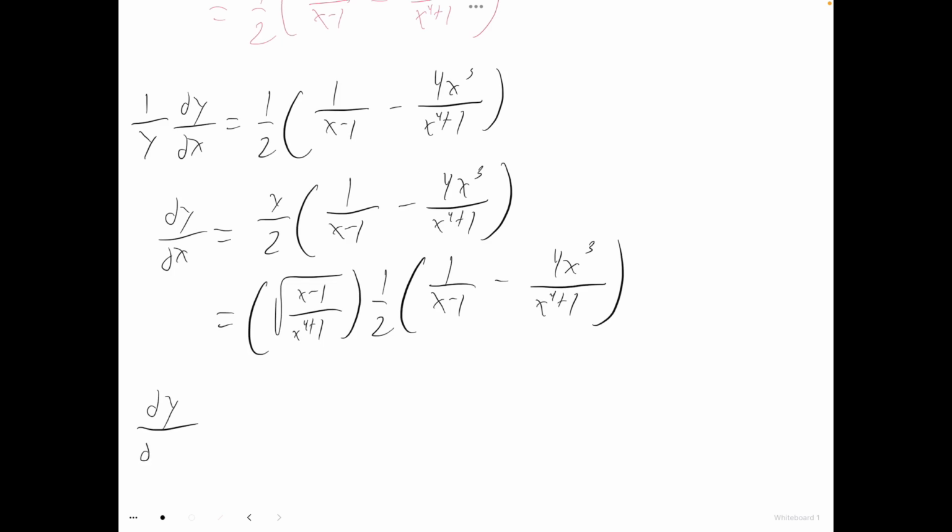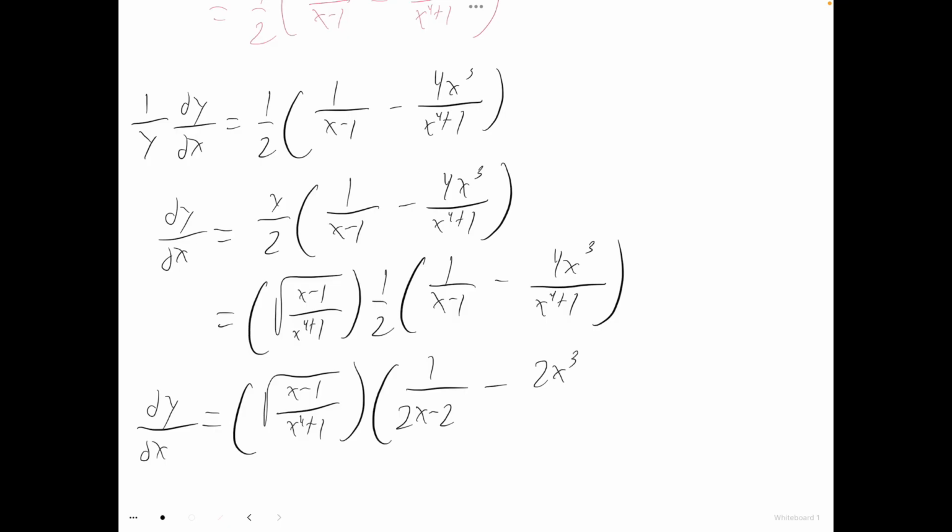Now, I'm going to multiply the 1/2 in just to make this look a little bit nicer. So this is the square root of x minus 1 over x to the fourth plus 1 times, distributing the 1/2, we get 1 over 2x minus 2 minus 2x cubed over x to the fourth plus 1.